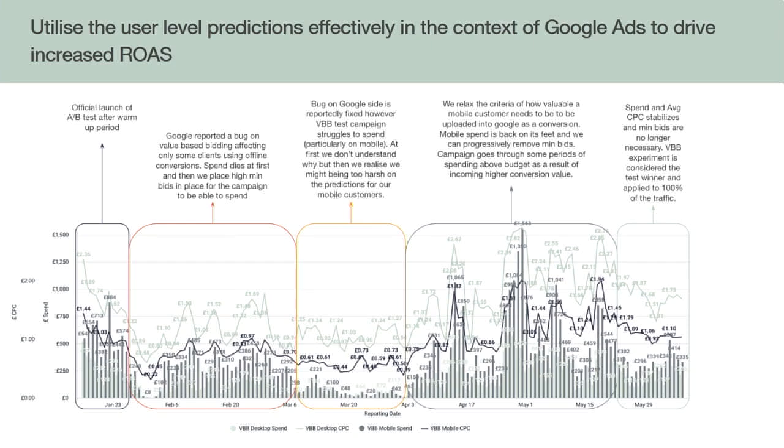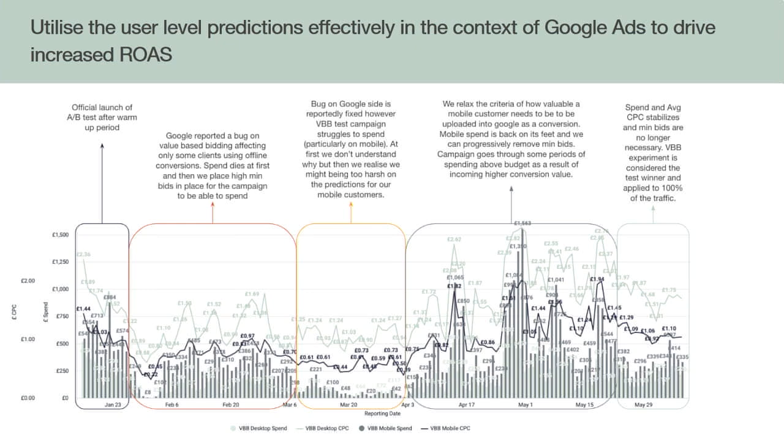a practical example of how our first value-based bidding campaign behaved in real life when we applied this methodology to it. So the first thing you need to know is prepare yourself for a lot of challenges.